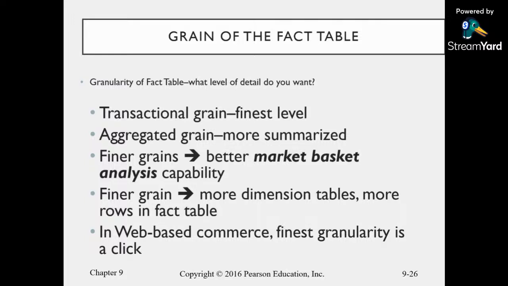And there is web-based commerce, that's the finest granularity. So the term grain or granularity refers to the level of detail a fact table is determined by the intersection of all the components of the primary key, including all foreign keys and other primary key elements.